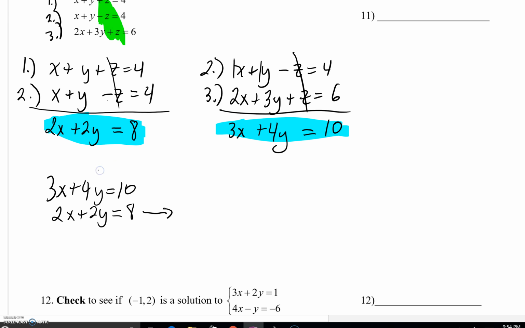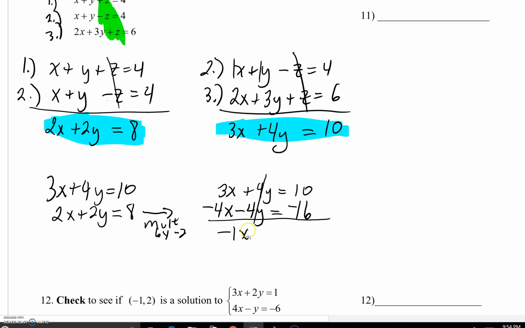You can see that a common multiple between 2 and 4 is a 4. So I'm going to multiply my bottom equation by -2. And the reason why I'm doing that is so that I'll have a -4y to cancel a positive 4y. Notice 8 also gets multiplied by -2. But hopefully you can see where this is coming from. The y's are going to go away. You'll have -1x is equal to -6. Divide by -1, and you'll have x is equal to +6.